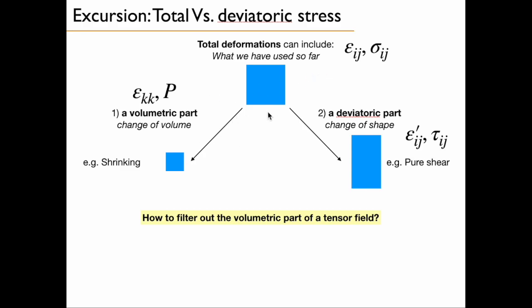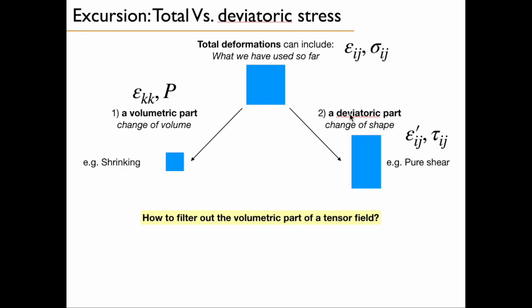Another type of deformation is the deviatoric part. The deviatoric deformation is a change of shape, but with no change of volume. These are associated with deviatoric stresses and deviatoric strains, epsilon prime. For example, in a pure shear deformation, you would squeeze this square and obtain a rectangle of the same volume.